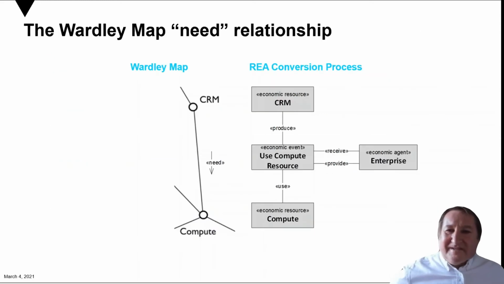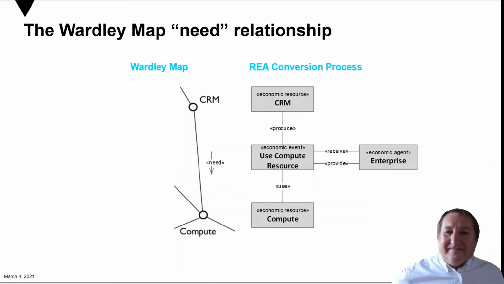So our first observation when we started to map Wardley maps to the REA ontology is that a Wardley map only contains conversion processes. They specify what resources are used or consumed in order to produce other resources, but a Wardley map does not specify economic exchange. So it doesn't specify what resources have been exchanged for what.